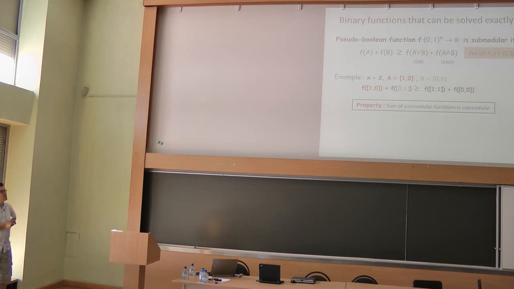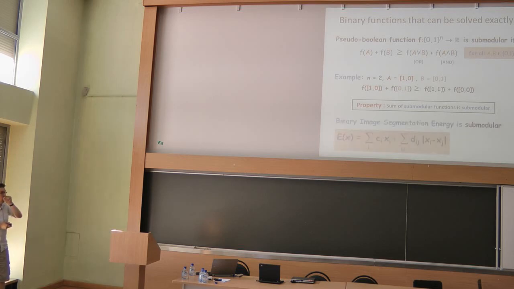So unaries are automatically satisfied. Now the important property is that if you add up submodular functions, they are again submodular. So if you have pairwise terms which satisfy this, the sum of the pairwise terms and unary terms is again submodular.